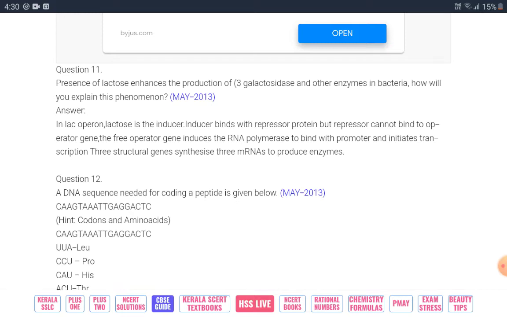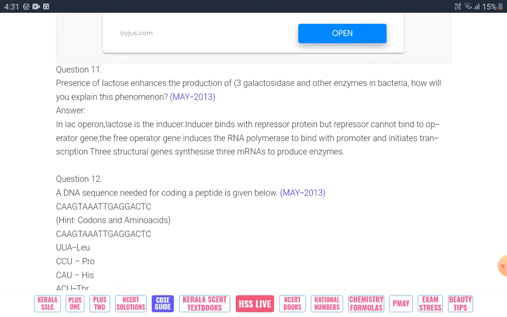So in the lac-operon, lactose is the inducer. And you have to know that when lactose is added, it changes into glucose and galactose. DNA changes into mRNA. The repressor mRNA is changed into repressor.